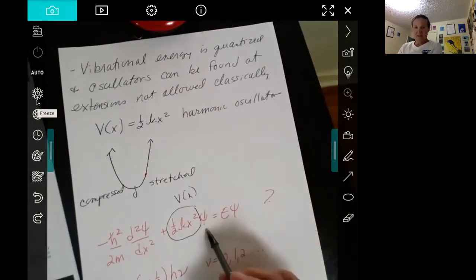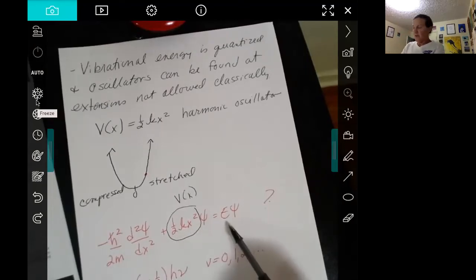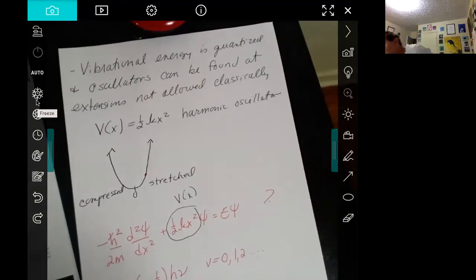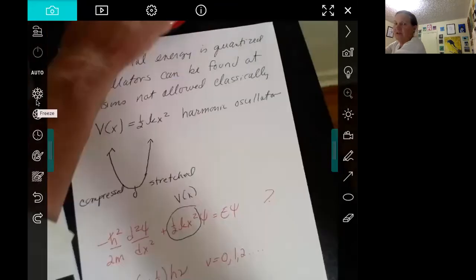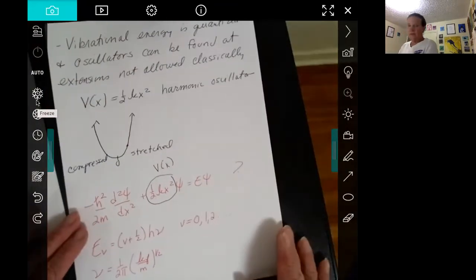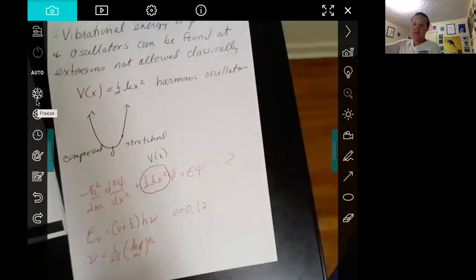You multiply that by psi, and those two terms on the left-hand side, those operations have to give you back a constant times the function. This one's not so easy to solve or even see how the boundary conditions impact it, but a mathematician solved it way back when most of quantum mechanics was solved by physicists and mathematicians rather than chemists.